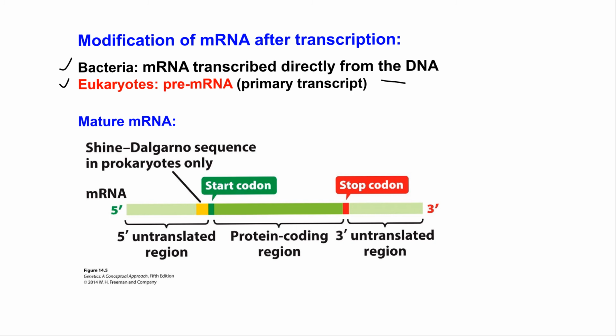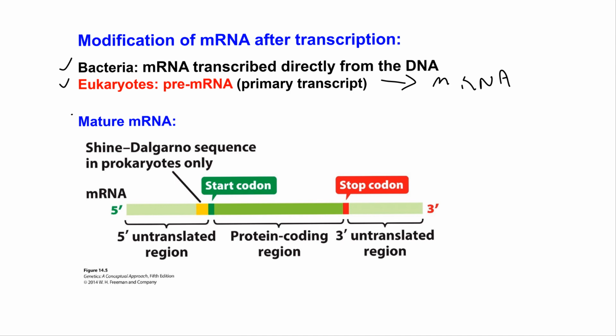This pre-mRNA is afterwards processed, modified on 5' and 3' ends, and spliced into mature mRNA. So pre-mRNA goes to mRNA, and basically only after this processing can RNA be transported into the cytoplasm and serve as a template for protein synthesis.